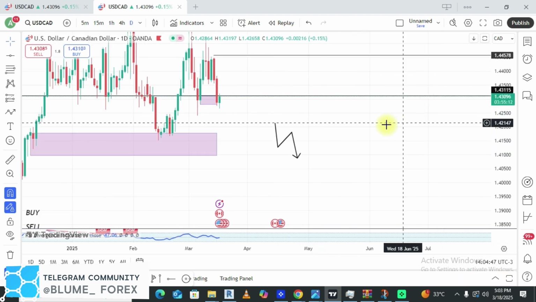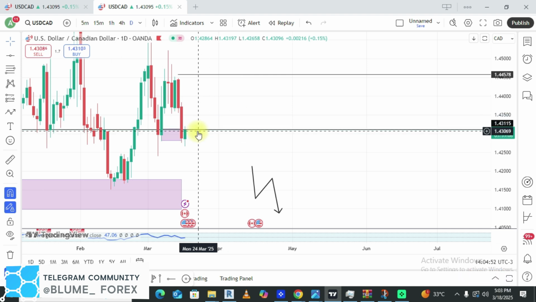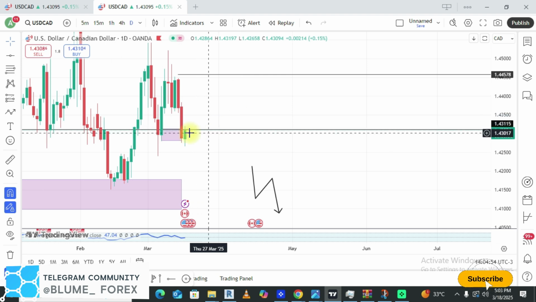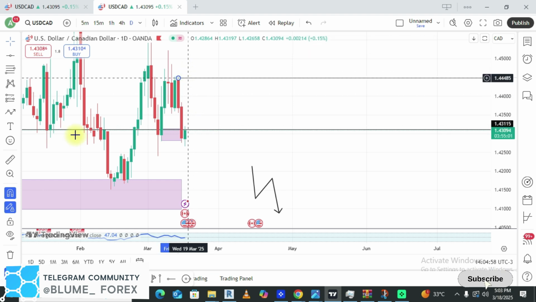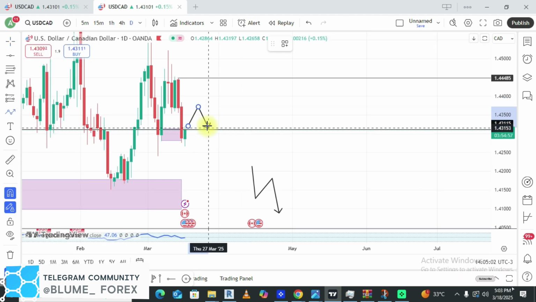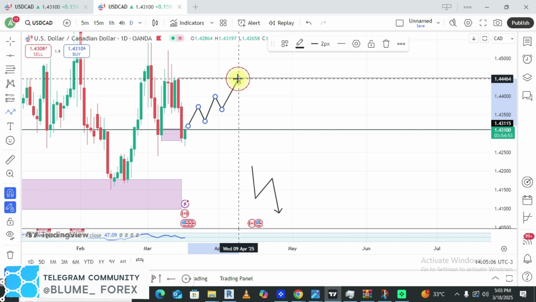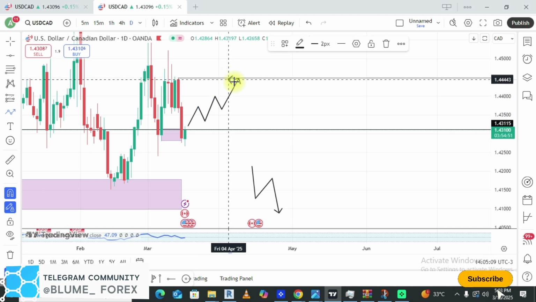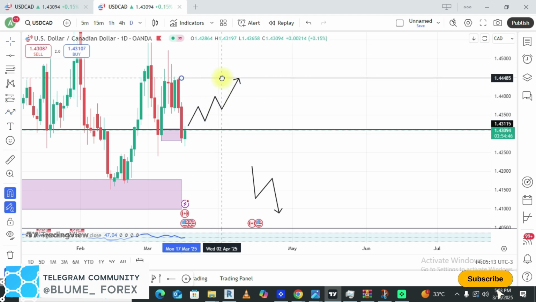For example, if I was executing the market around this area, I bought around this area, I clicked on buy around this area, I have to set a take profit. So let's say I think the market is going to push to the upside till it gets to this level. Then this is the area where I'll set my take profit.